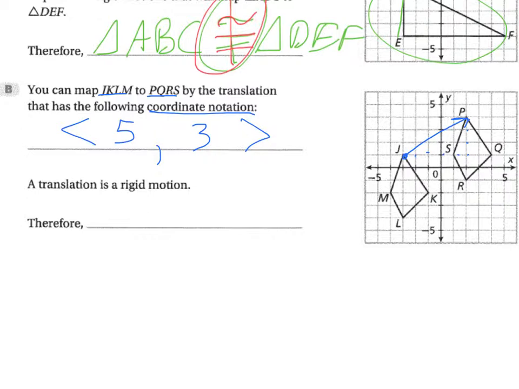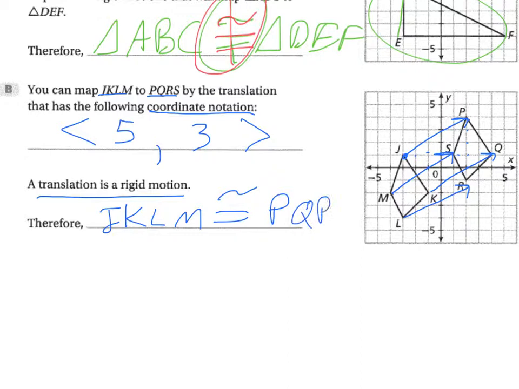So you'll notice that each of these vertices is translated to the right 5 and up 3, from K to Q, from L to R. So because of this, this translation has rigid motion. It maintains its shape and size. Therefore, we would say that JKLM is congruent to PQRS.